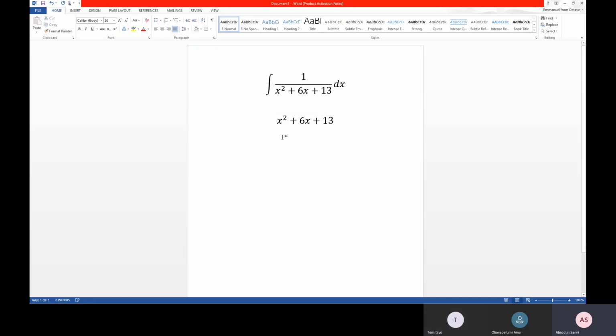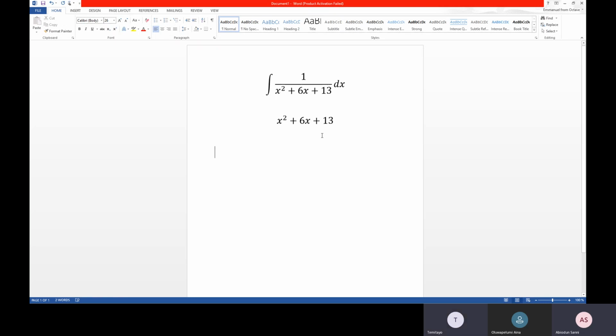So what you are concerned with is the coefficient of x squared. First of all, check what's the coefficient of x squared. It is 1. So if the coefficient of x squared is 1, you are safe to continue. Now the next thing you check: what's the coefficient of x?